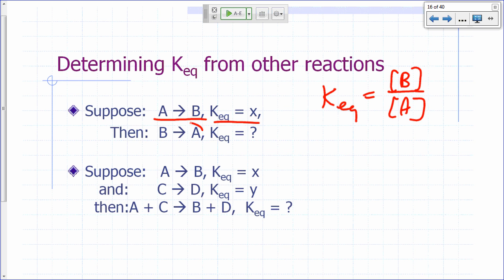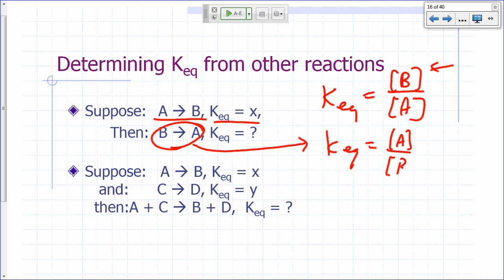What would be Keq for this second reaction? This is going to be A over B. The product in this case is A, and the reactant is B. So if you flip a reaction, what happens to the Keq? Do you take the negative of it, or the reciprocal? Reciprocal. So Keq for this is going to be 1 over X.